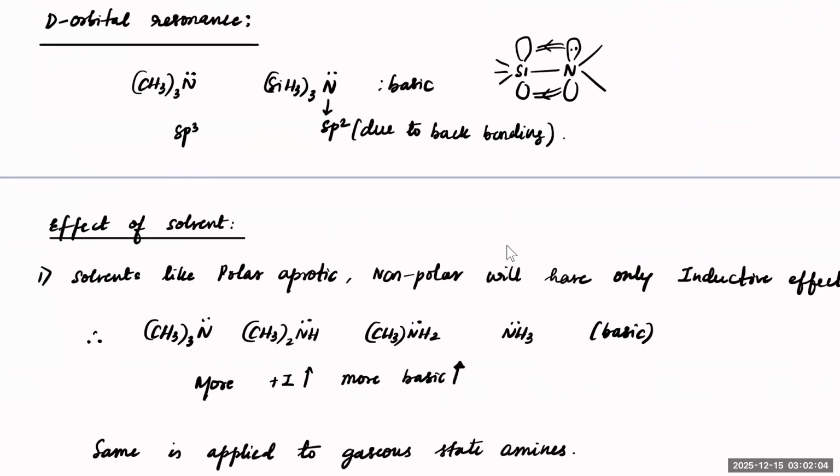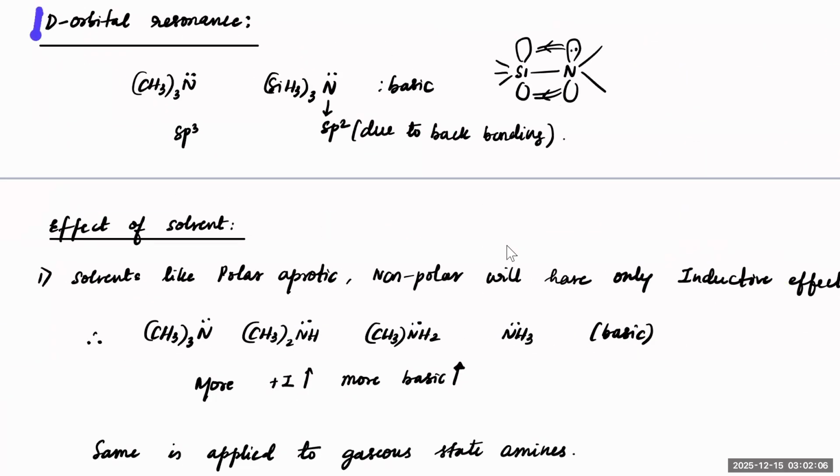See the next one. The next one is about d orbital resonance. Okay, which is if you have nitrogen connected with three methyl groups. Okay, this is trialkyl amine. While here this is called trisilyl amine. Instead of methyl, now it is connected with silicon, so it is silyl amine.